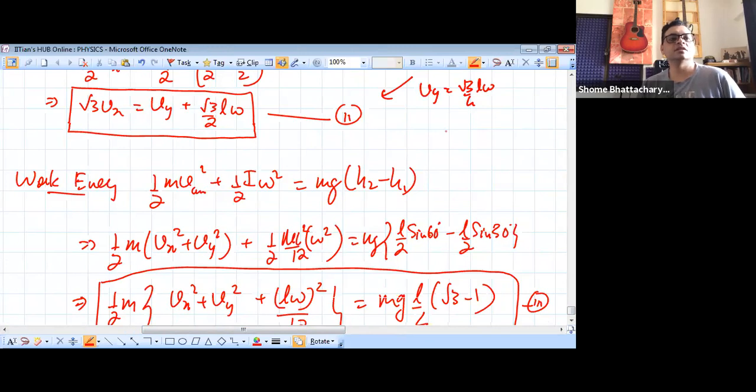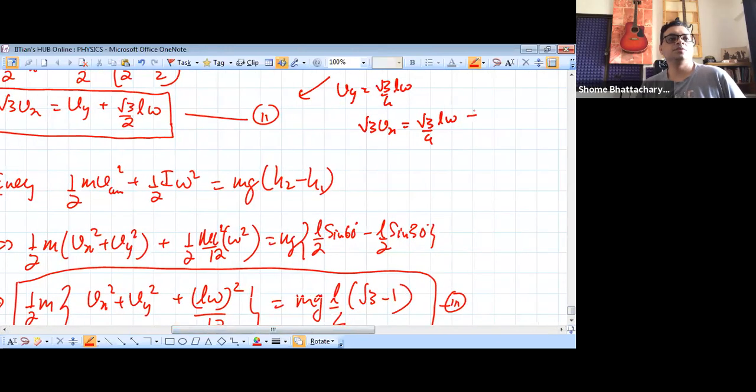Now substitute that over here, from equation 1. So you will get Vx as this: root 3 Vx is root 3 by 4 L omega, that's your Vy, plus root 3 by 2 L omega. So root 3 cancels out. So you get Vx as 1 by 4 plus 1 by 2. So that becomes how much? 3 by 4 L omega.